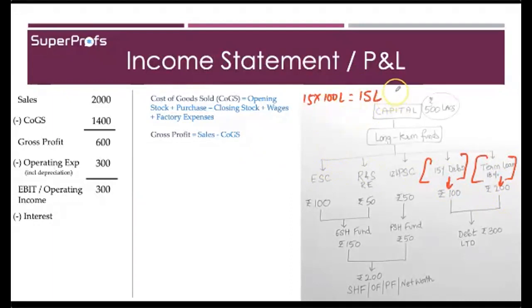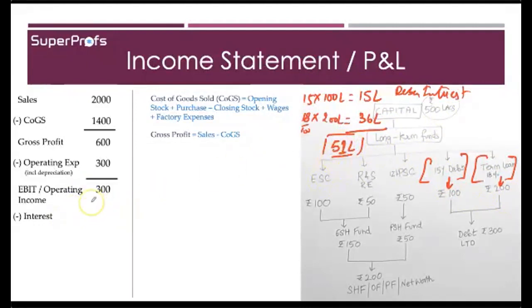This is your debentures interest. And 18% of 200 lakh rupees is your 36 lakh. So overall 51 lakh rupees is your interest.